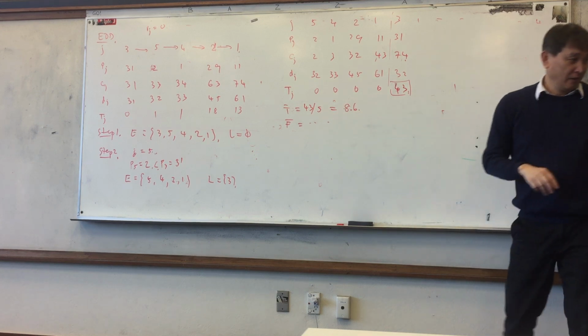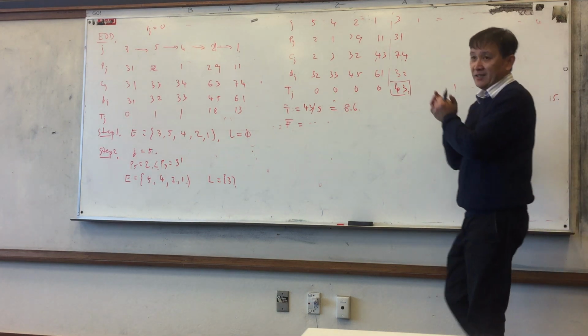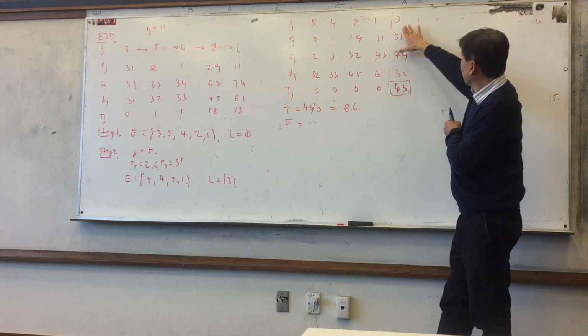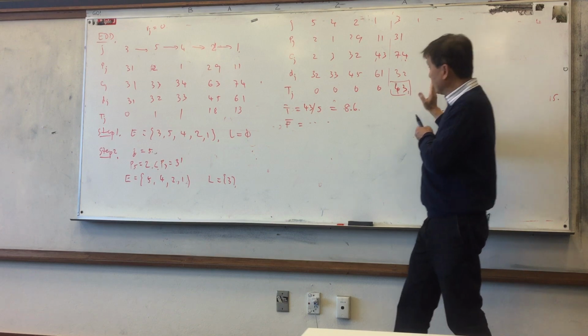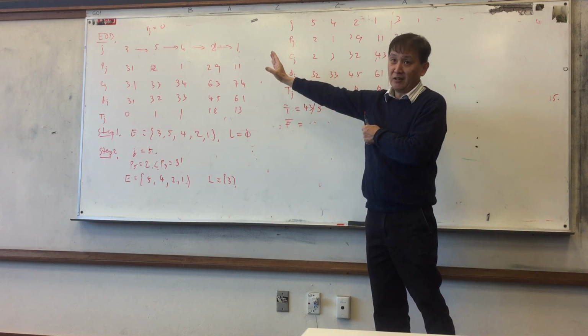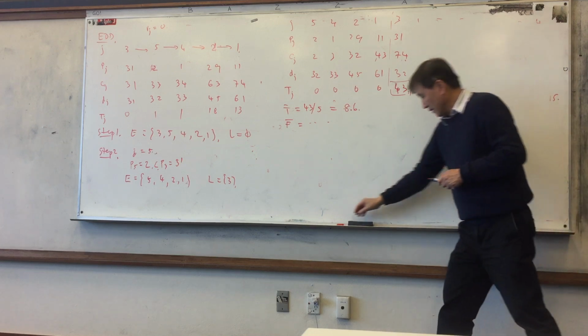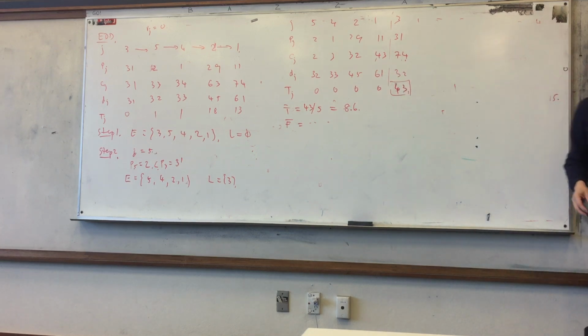That means I put all the delay onto the third job, so there's no delay in all the rest of the jobs. So this is just the way of solving that problem.